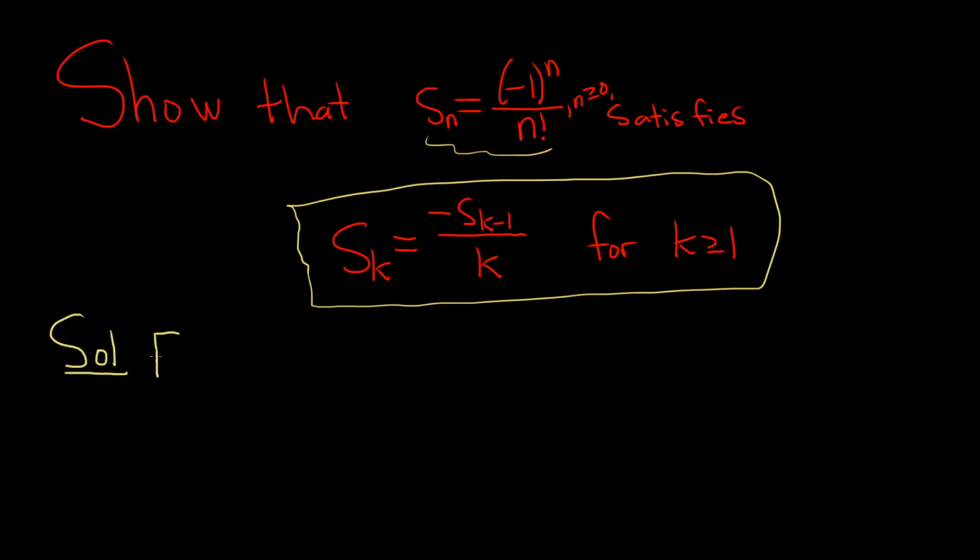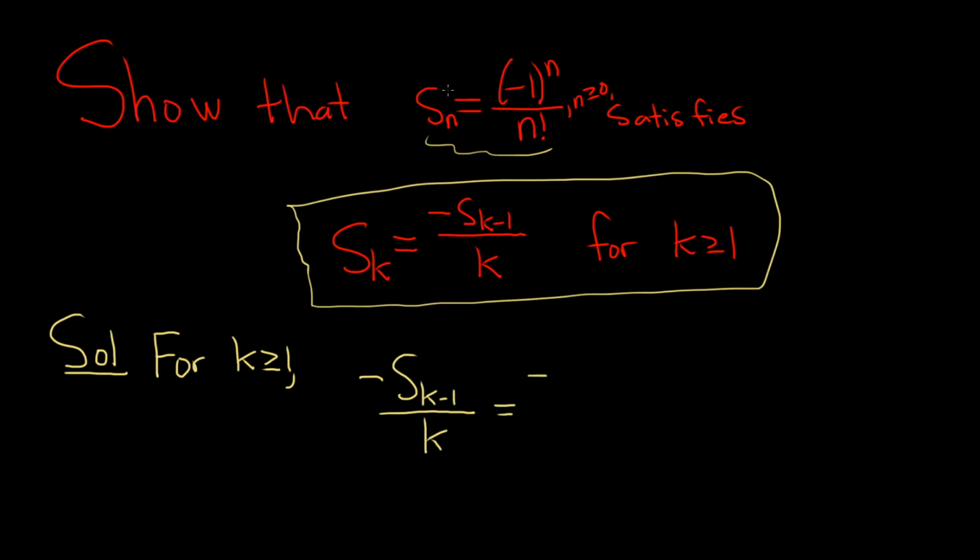So for k greater than or equal to 1, let's start by looking at the more complicated side, so the right-hand side. We have negative s sub k minus 1 over k. And so that's equal to negative.